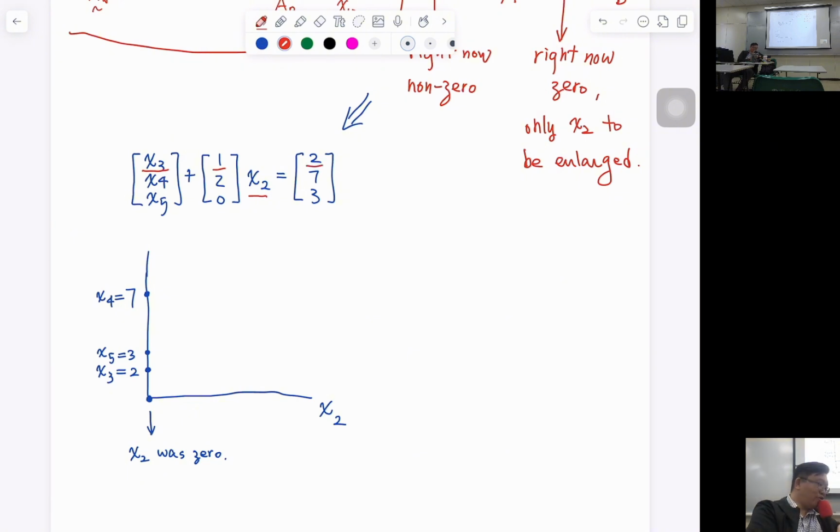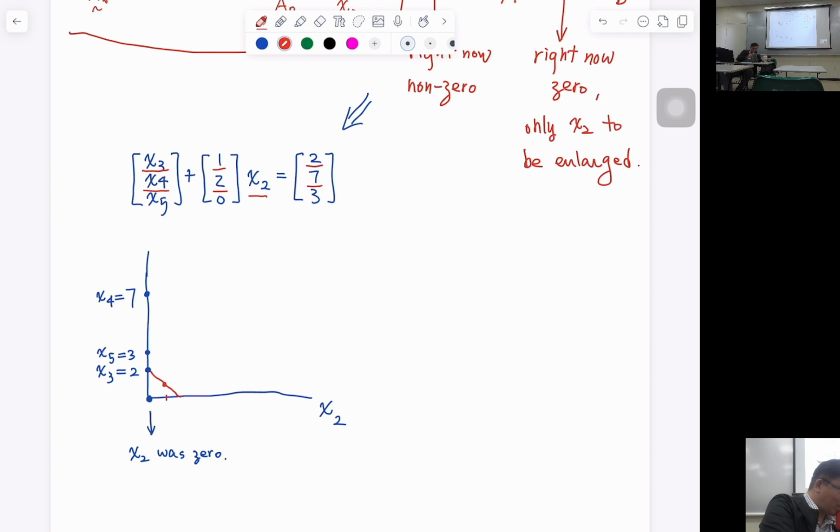Right? So if I enlarge x2 by 1, then x3 equals 1, right? So it actually is an equation like this. Just plugging in 1, 1. Right? Another one, if I focus on x4 plus 2 times x2 equals 7.